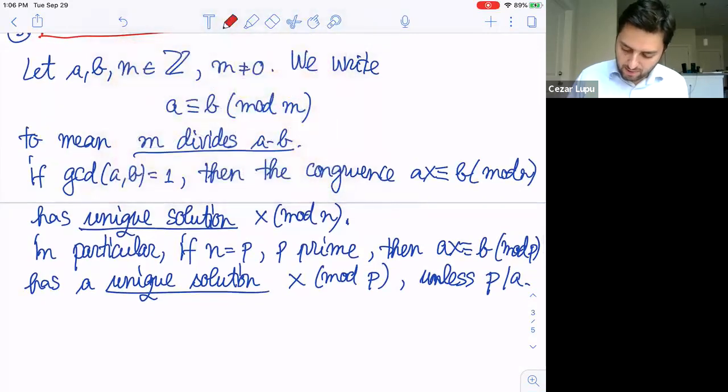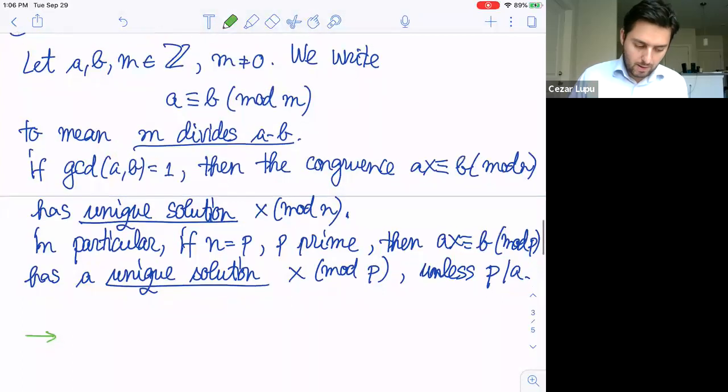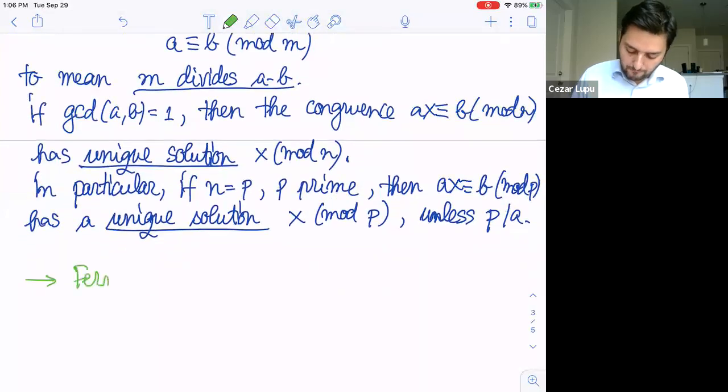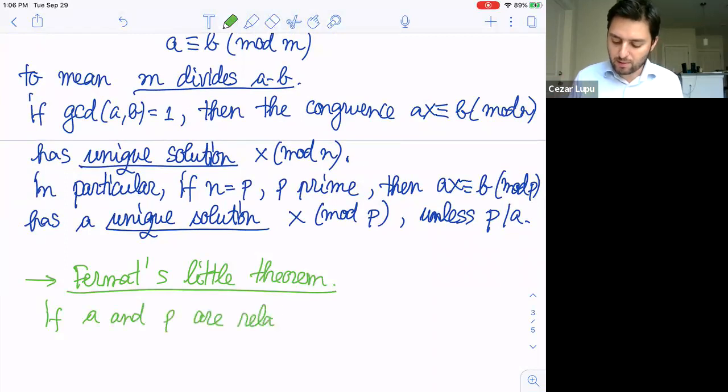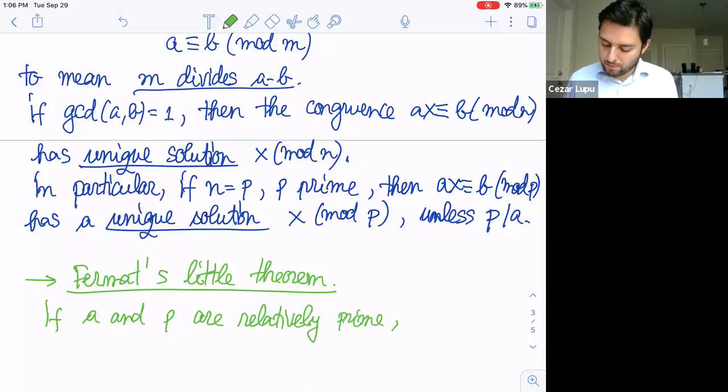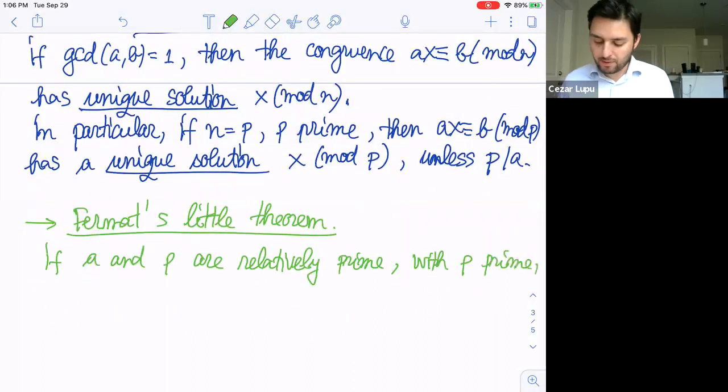Let me write it. The first one is Fermat's little theorem. Fermat's little theorem says the following: if a and p are relatively prime, with p a prime number, then something amazing happens.